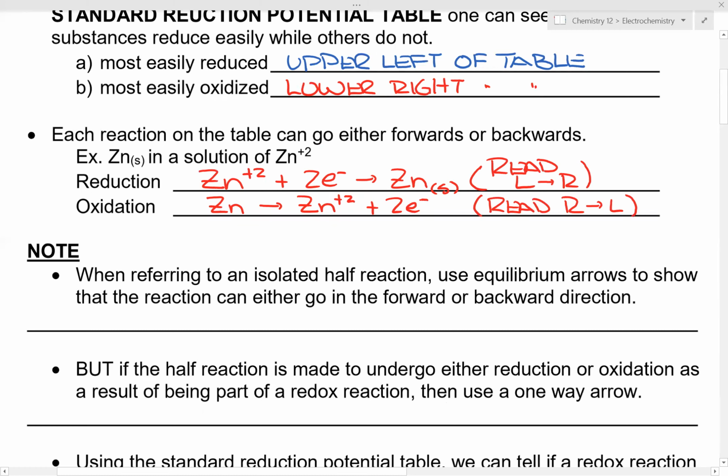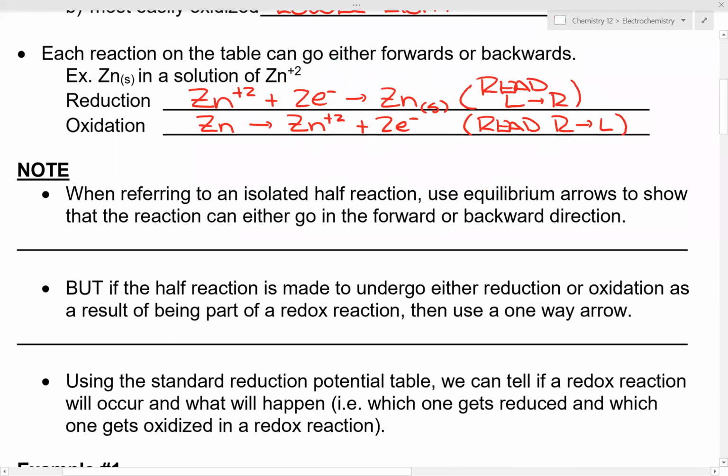When referring to an isolated half reaction, we use equilibrium arrows to show that the reaction can go either in the forward or backward direction.